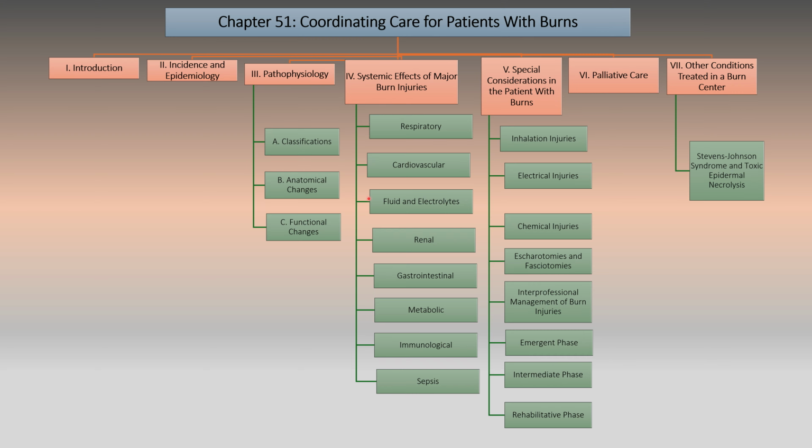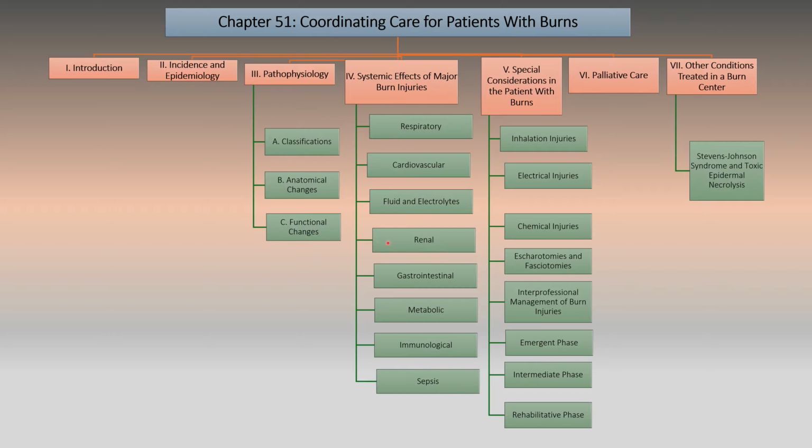Myoglobinuria risk: muscle damage, especially from electrical injuries, releases myoglobin into the bloodstream. Acute tubular necrosis: myoglobin can occlude renal tubules, potentially causing acute tubular necrosis and kidney failure.